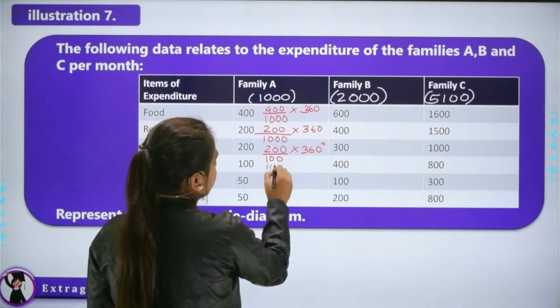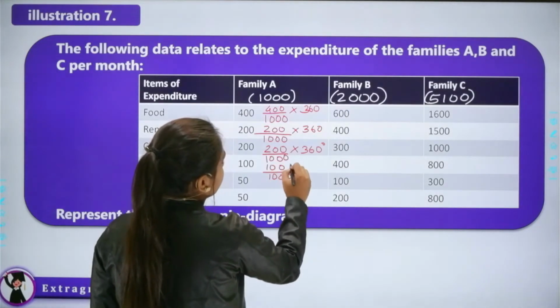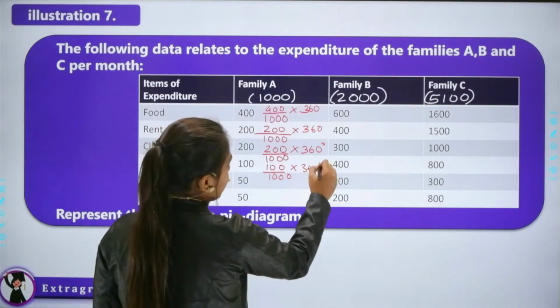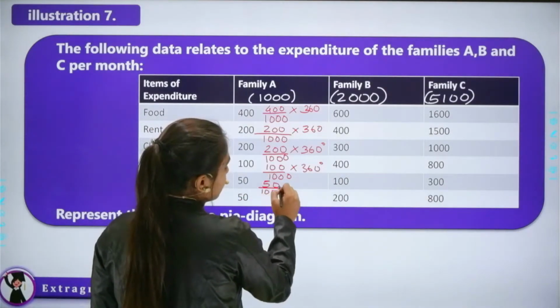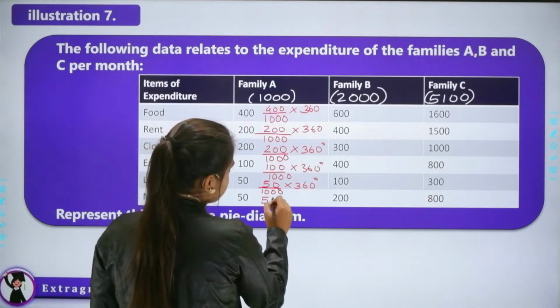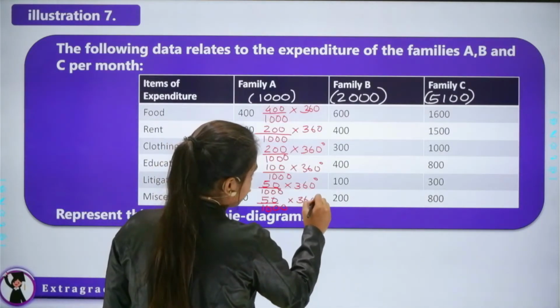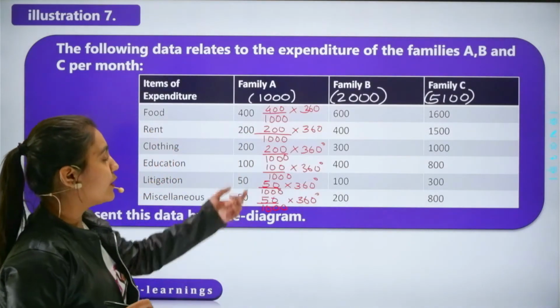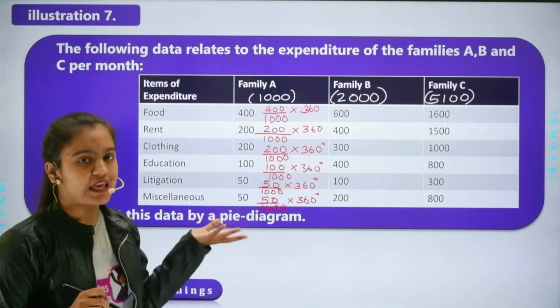Then for 100 upon 1000 into 360 degree. Then we have 50 upon 1000 into 360 degree, and 50 upon 1000 again into 360 degree. So now calculating for each central angle for each case in this family A, you have to apply these formulas and then solve it.